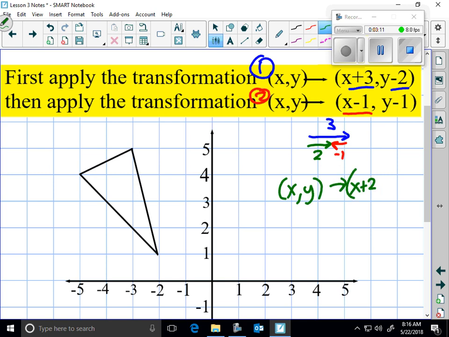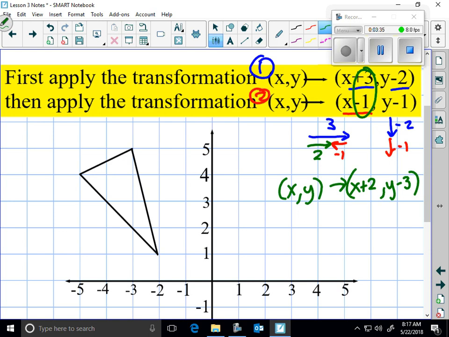How did I get a plus 2? I added these together. Right? And in the second piece, I went down 2, and then I went down 1. So what would happen to my y coordinate? Down 3. Easy. Just take the items, combine them using addition.